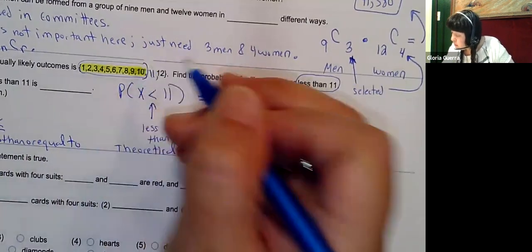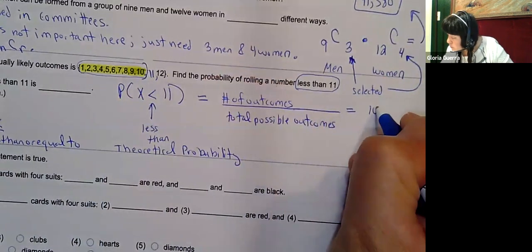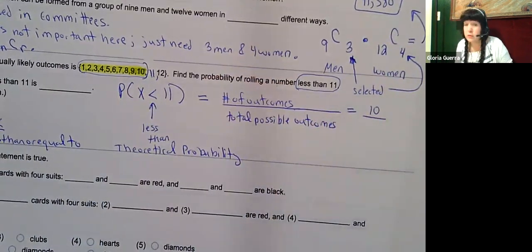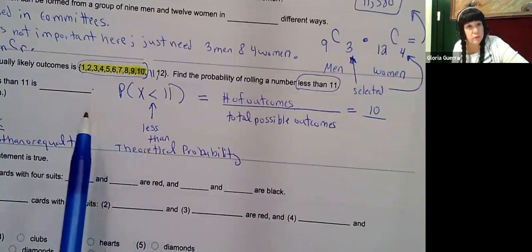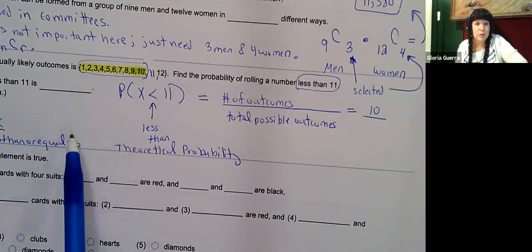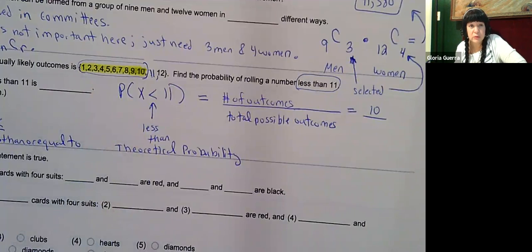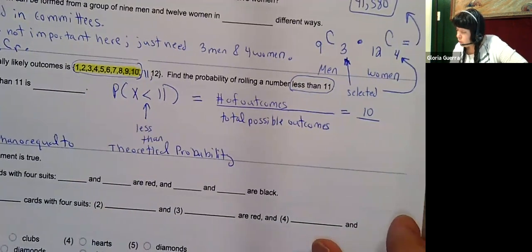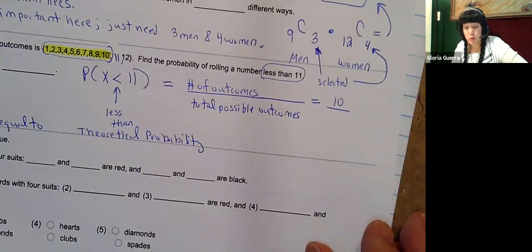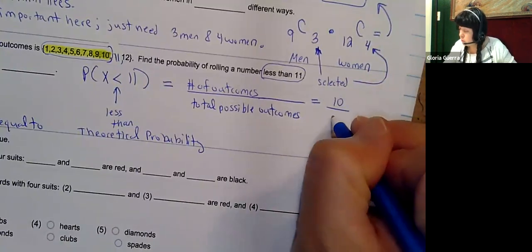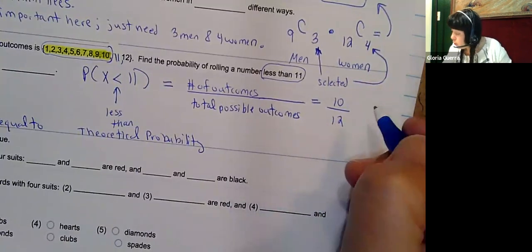So that'd be 10. 1 through 10. And notice how it doesn't start off with 0 either. In your dice, a 12-sided die has one dot, or 2 dots, or 3 dots. They don't have a side that's empty. So it's 10 over the total, which would be 12 sides. And then always reduce.